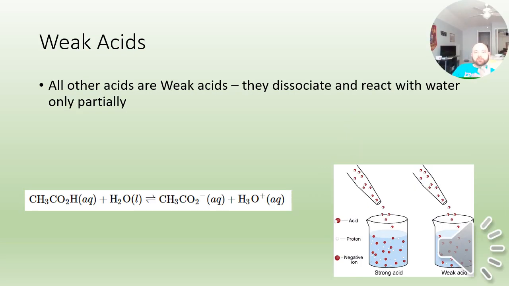So, like I said, here on this slide we have examples of some weak acids and what their reaction with water looks like. We haven't seen too much of this yet, but this is what we call acetic acid. Notice it is the acetate ion right here, C2H3O2.